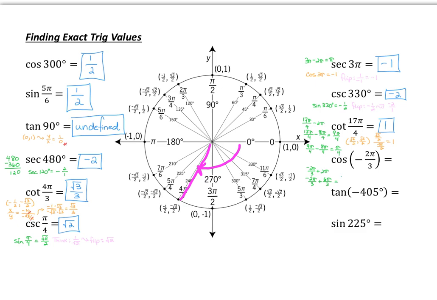And that gives you 4 pi over 3. And again, there's your 4 pi over 3. I'm going to erase some of those scribbles in a minute. But basically, we're looking at this x value right here, the negative 1/2. So cosine of negative 2 pi over 3 is negative 1/2.